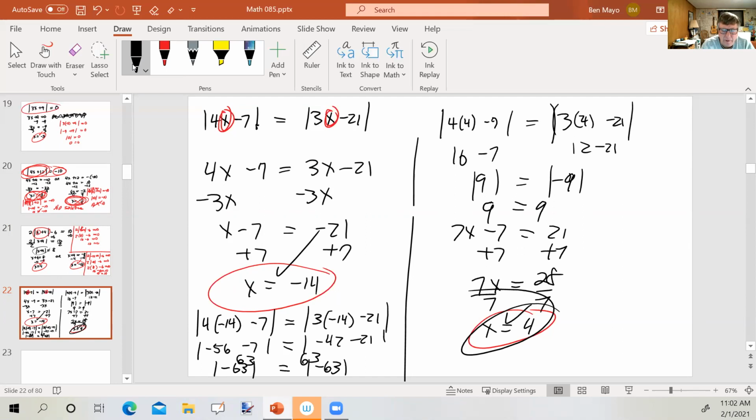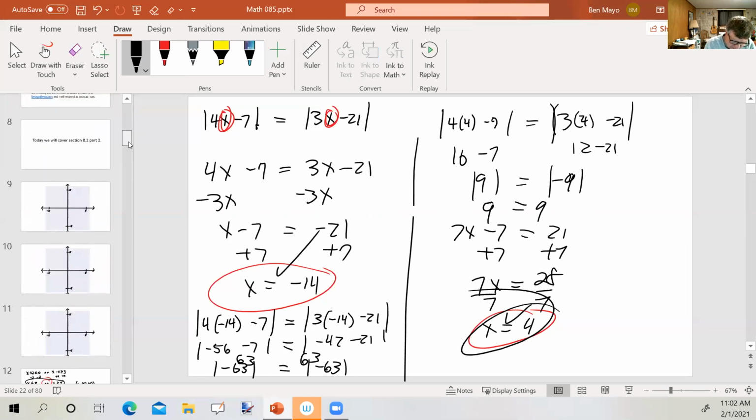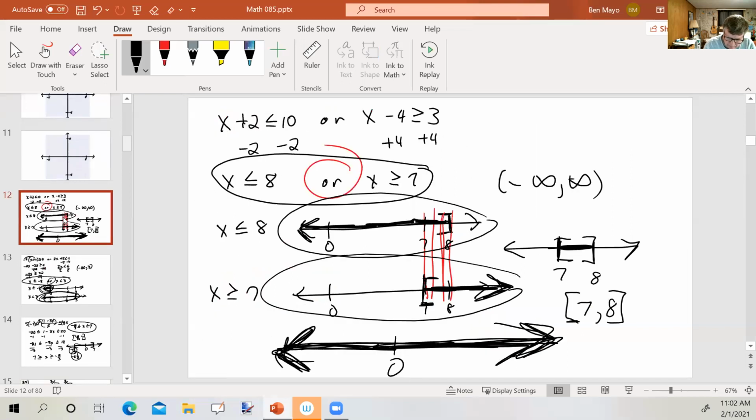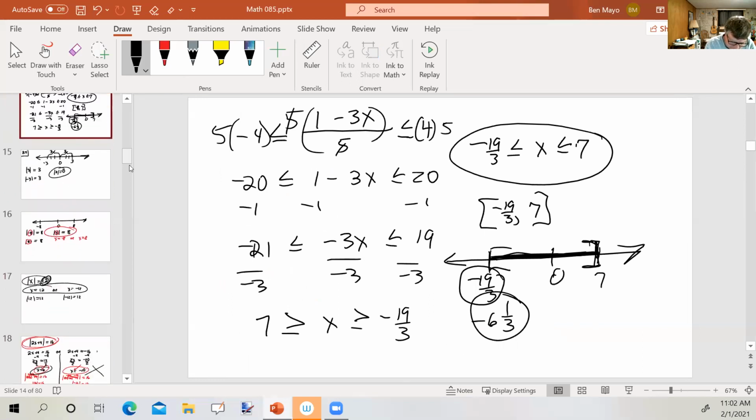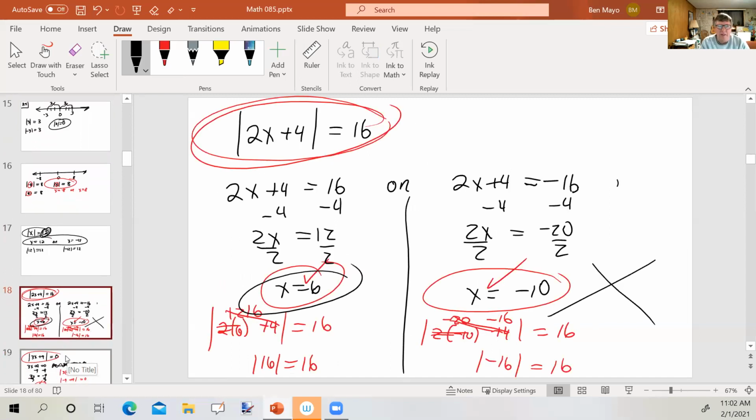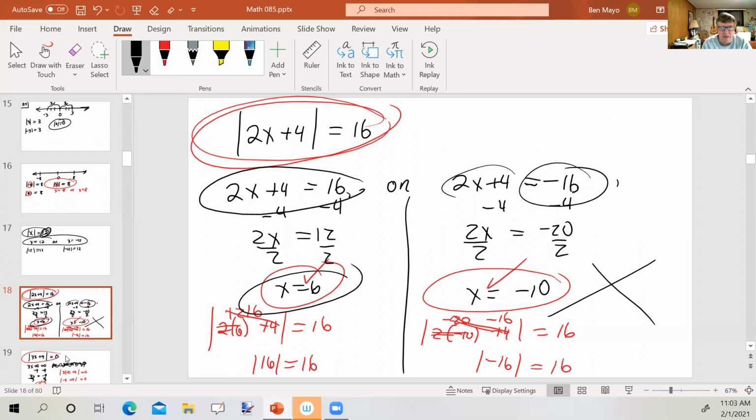Okay, so let's recap. If you've got an absolute value already isolated equals a number, if that number is positive, you're going to have what's inside equals what's outside, or what's inside equals the opposite of what's outside.